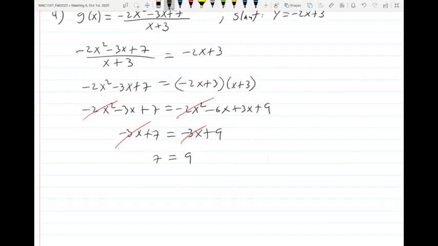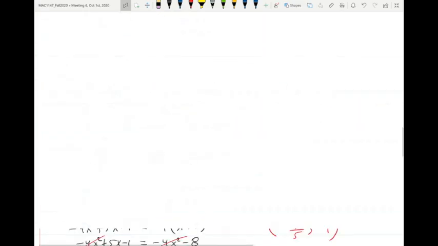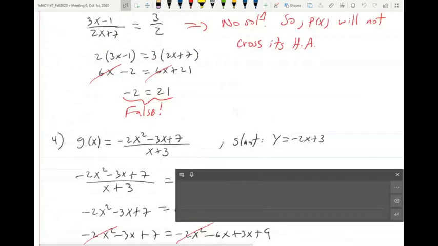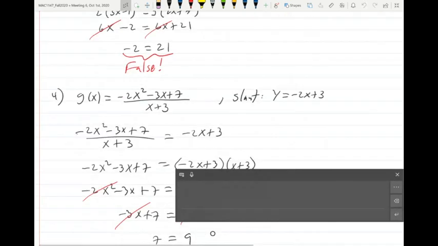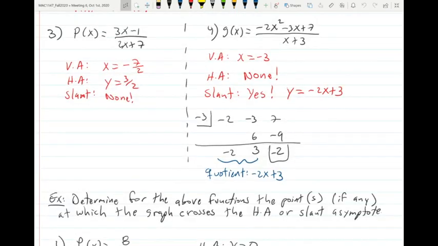So negative 2x plus 3, that's the slant asymptote. Remember, we are working with the same functions that we worked with above. So this was example number 4, right? And we figured out that this function had a slant asymptote, no horizontal asymptote, and the slant asymptote is negative 2x plus 3.